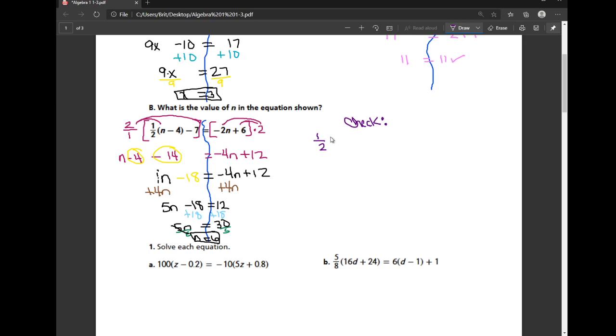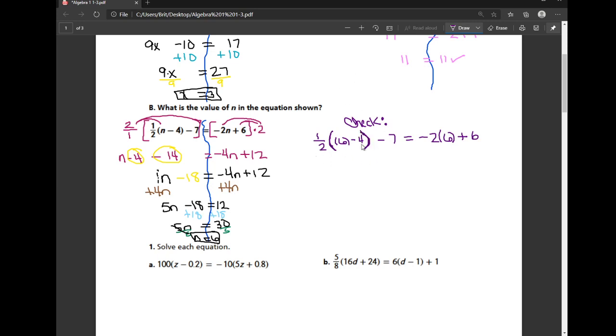So I have 1/2 times 6 minus 4 minus 7. And then I have -2 times 6 plus 6. Don't forget when you put your 6's in, when we substitute, to make sure to do it in parentheses.